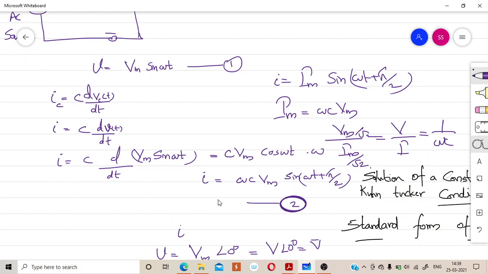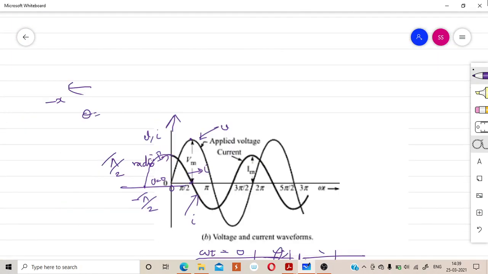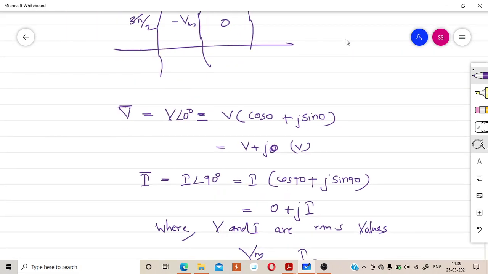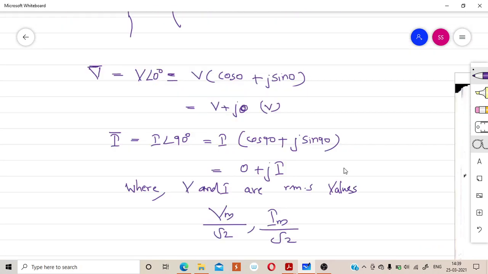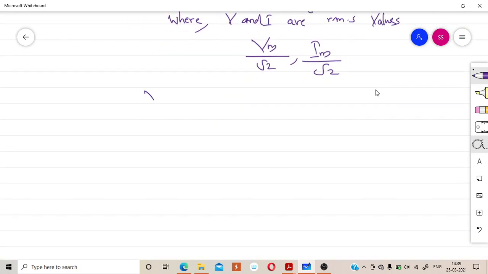Okay, so we will get a new quantity, that is V by I. By Ohm's law, this is nothing but some analogous quantity of resistance.